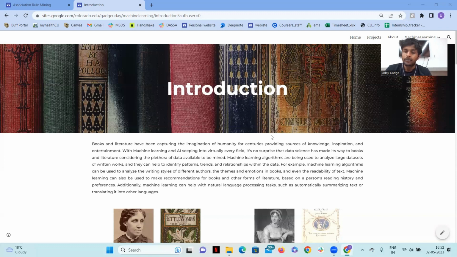For my project, I have mainly focused on two different aspects. One is the popularity of recent books, and for this, I've used New York Times bestsellers as my database, and the other is to explore different writing styles of different authors, and that will be something I'll share as well. So let's get to it.